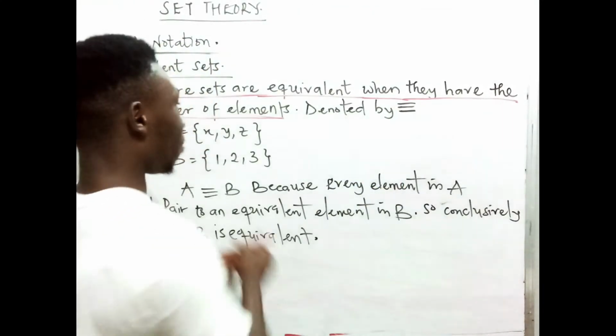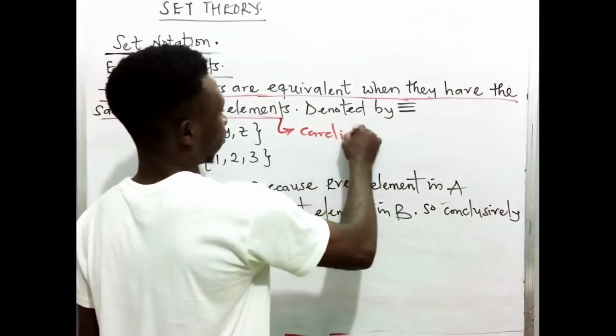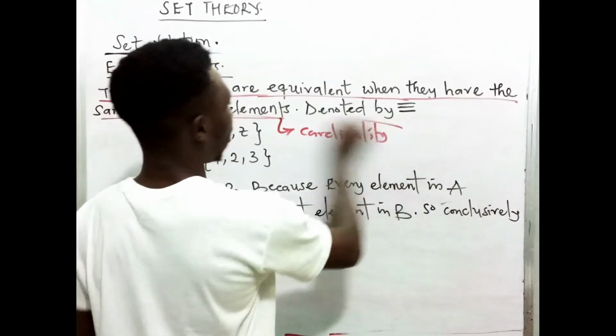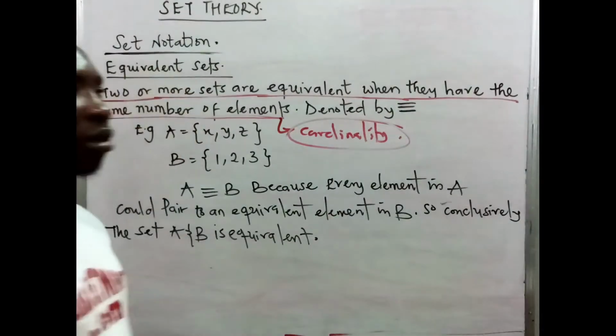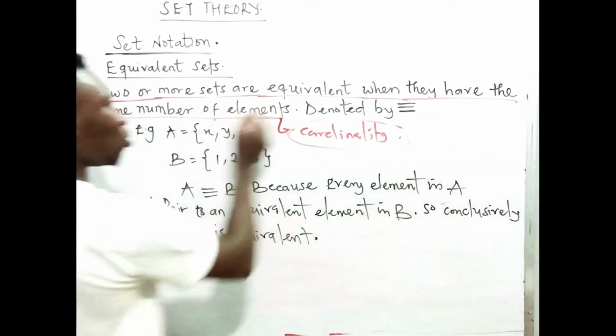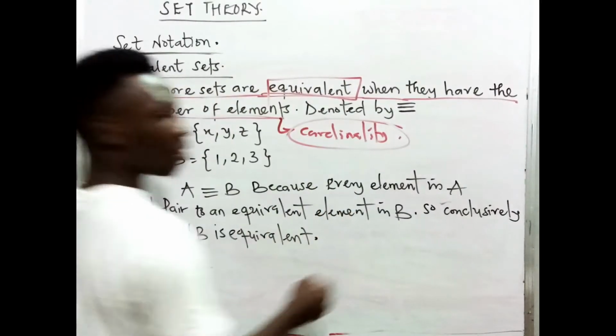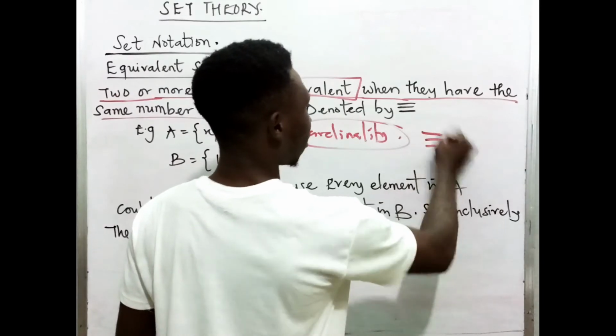When I say the same number, I mean the same cardinality. So whenever two sets have the same cardinality, then those sets are known as equivalent sets. An equivalent set is denoted by this sign.